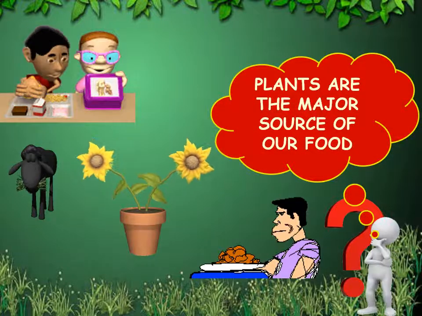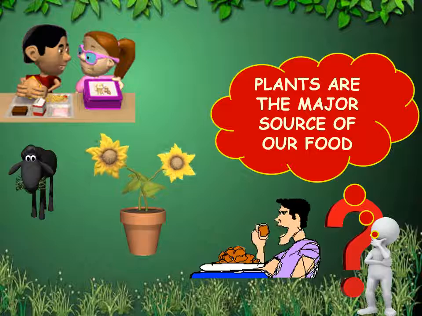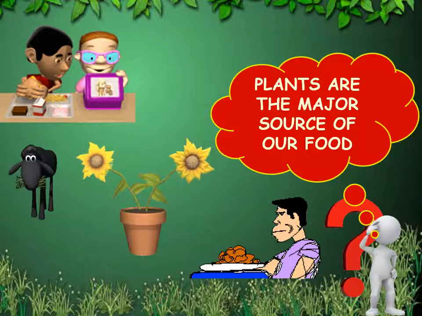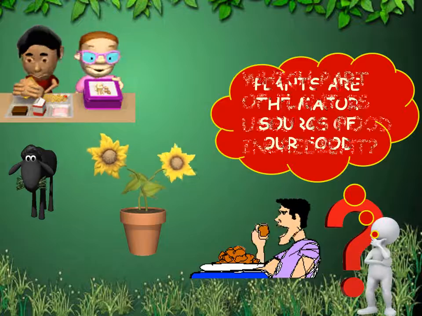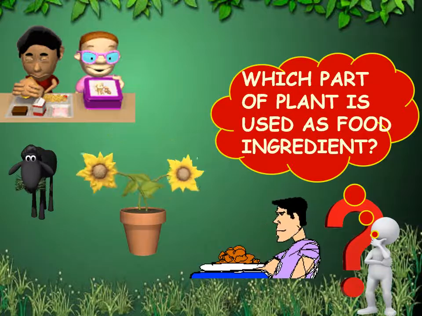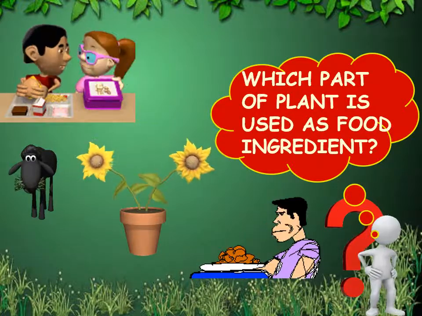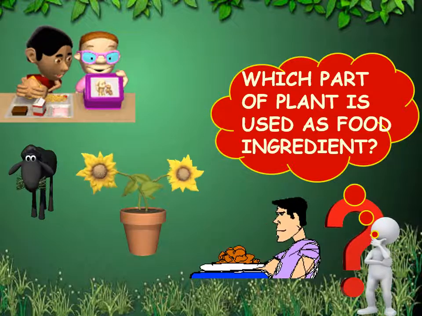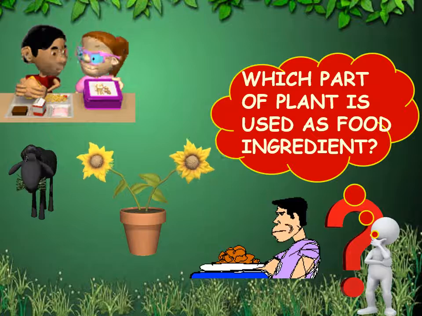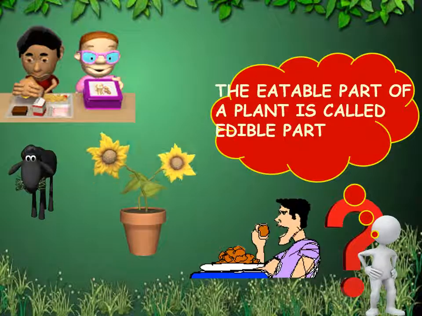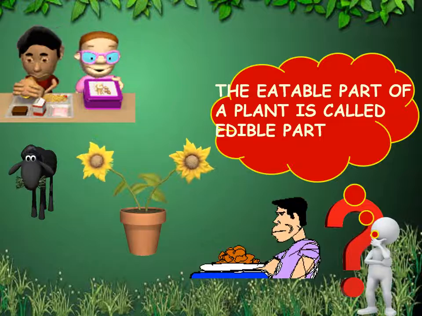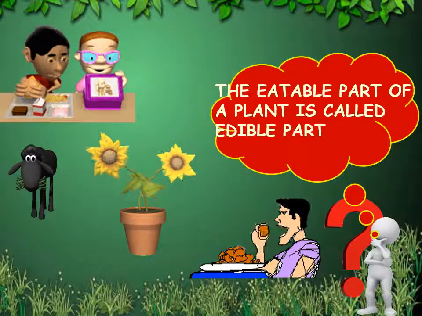We learned that plants are the major source of our food. Can you tell me which part of a plant is used as a food ingredient? Do you know that the eatable part of a plant is called the edible part?